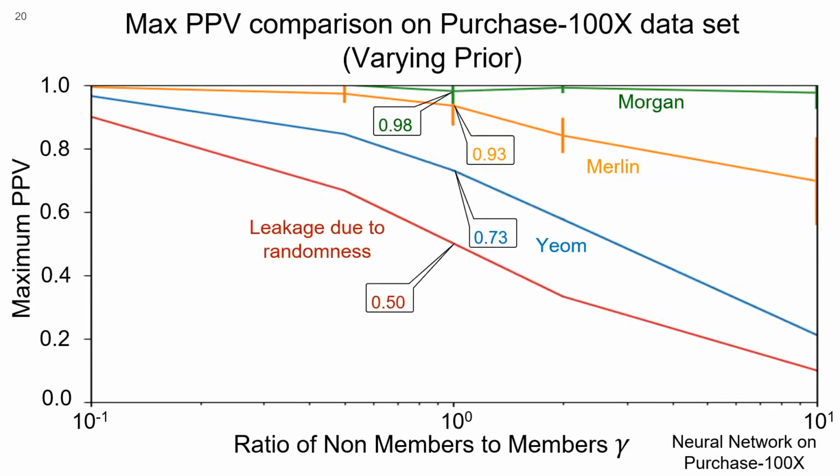While all the three attacks achieve higher privacy leakage than random guessing, only Merlin and Morgan seem to pose any meaningful privacy threat. More importantly, Morgan identifies the most vulnerable members with close to 100% PPV even in skewed prior settings. Differential privacy, although, thwarts all the three attacks for gamma greater than 1 settings.